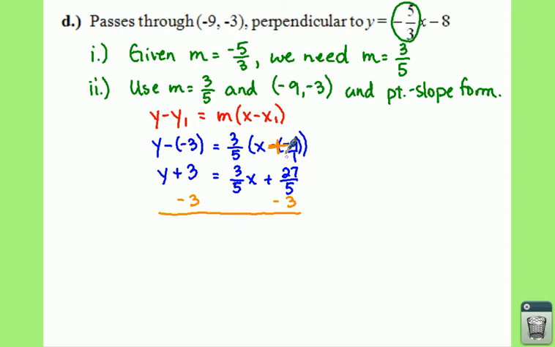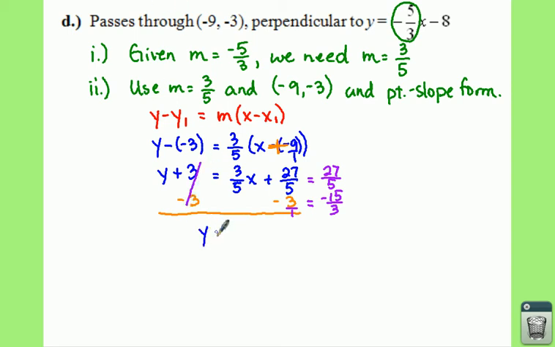So if we get a common denominator of 5, this will stay as 27 over 5. This is a negative 3 over 1, so multiply top and bottom by 5, it will give you a negative 15 over 5. So these 3's will cancel on the left.